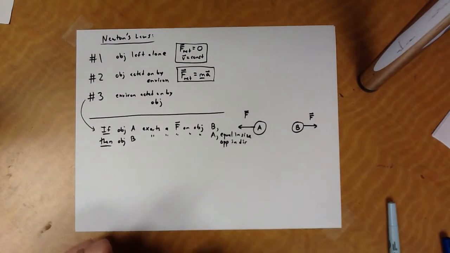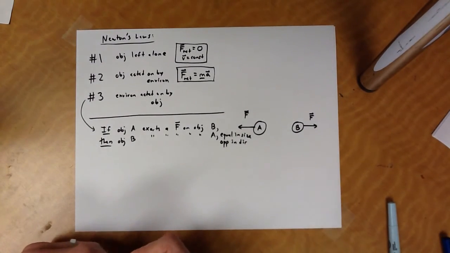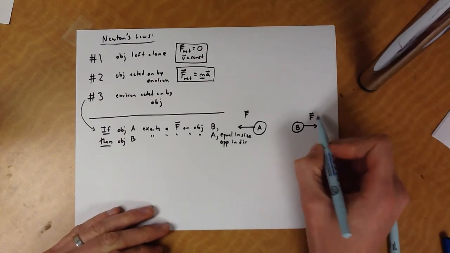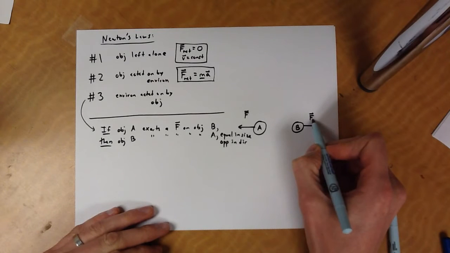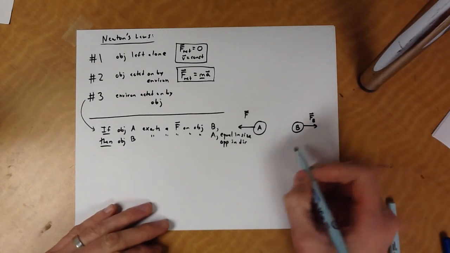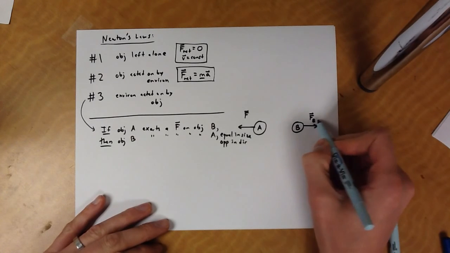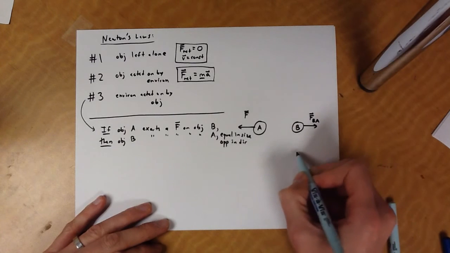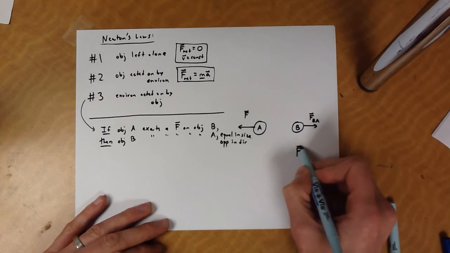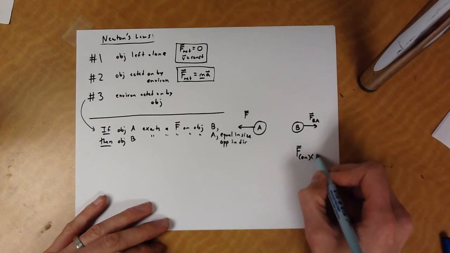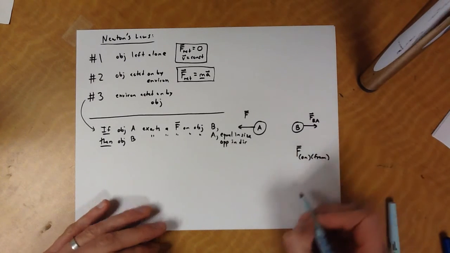They're equal and opposite. I should mention there's a way to label this. If you put the first subscript, that's usually what the force is on. So this would be the force on B. And then the second subscript is where it comes from. So this is the force on B from A. So the notation is force, what it acts on, and the second letter, if you bother to include it, is where it comes from.